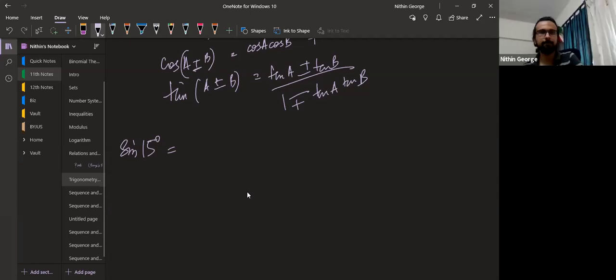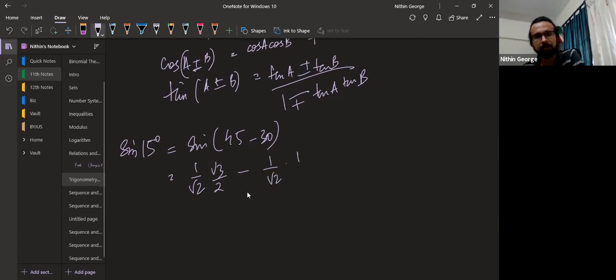Absolutely right. Sin 15 can be written as sin 45 minus 30. It can be further written as 60 minus 45, or whatever you like. Sin A cos B, what is cos 30? Root 3 by 2, minus cos A sin B, sin B is 1 by 2. So then I get root 3 minus 1 by 2 root 2.